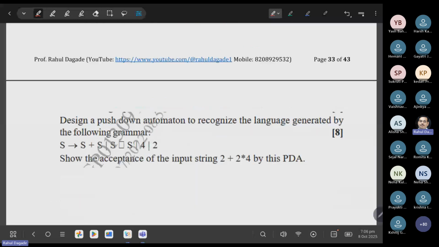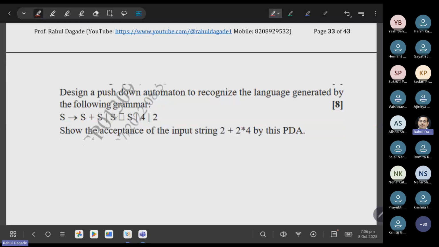Now let us do an example. This example has come in a university exam. Design a pushdown automaton to recognize the language generated by the following grammar. The grammar is S gives S plus S, S into S, or 4, or 2.